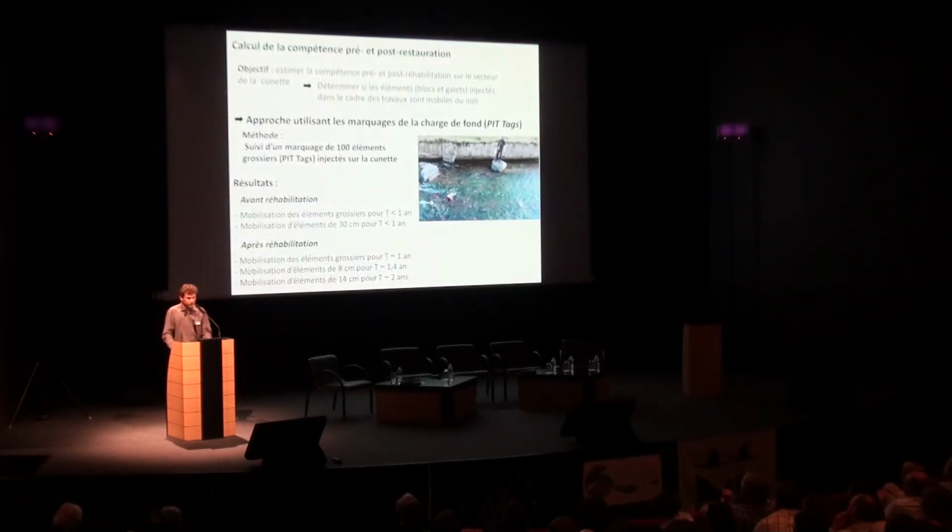So then we were wondering if these elements can really be in use by that stream. We wanted to calculate the competencies. So we looked in the field, injected pit tags, again, the same ones we were talking about earlier.